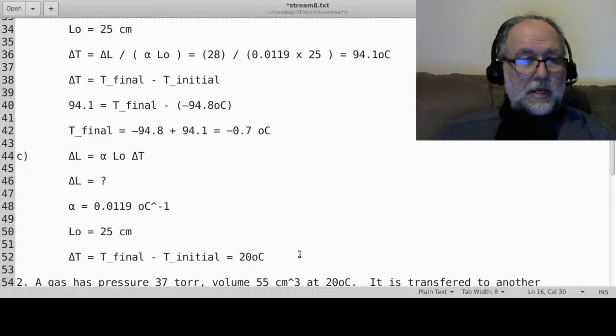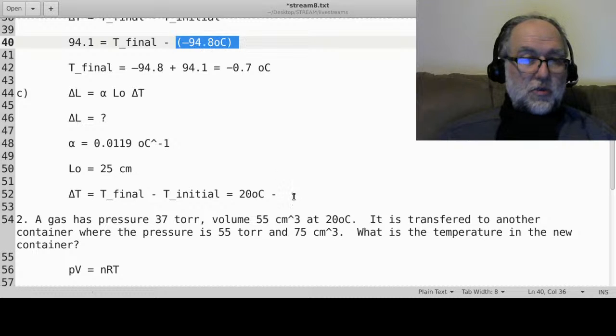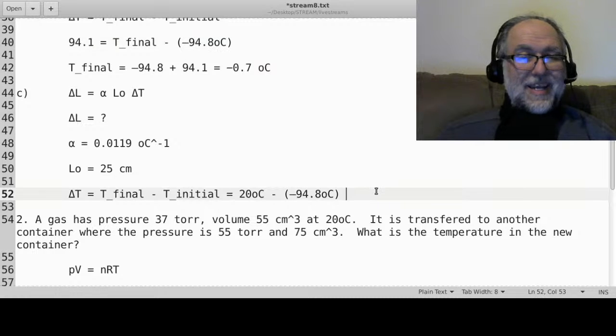And minus the initial. You could call it initial, or you could even call it reference. It's the lower one. It's once again this temperature right here, that negative 94.8. So what's that going to equal?